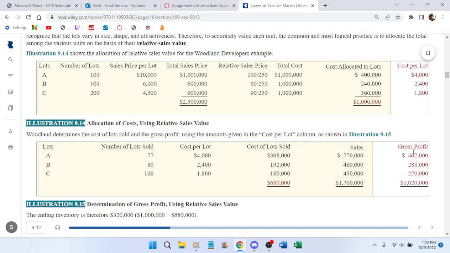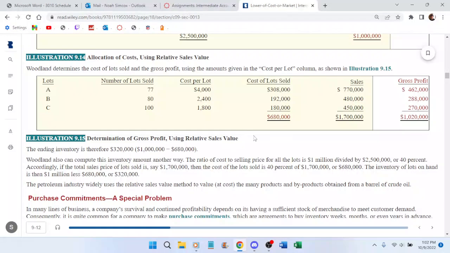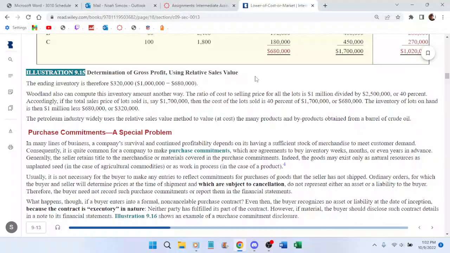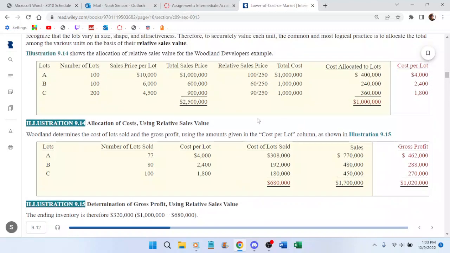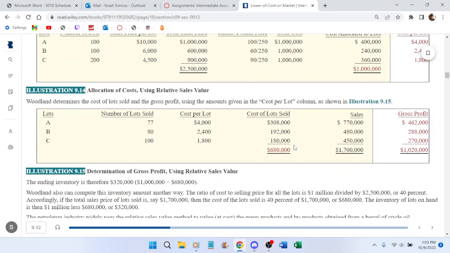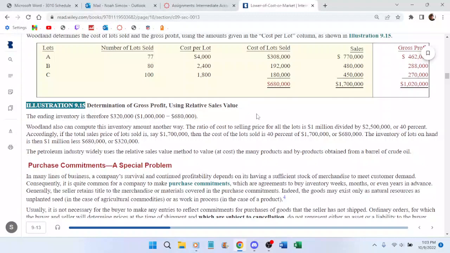These are the sales. So then your gross profit, you do this minus this equals this. That was fine. Their inventory is going to be 100 million minus the cost of lots sold. Whoa! Good job!